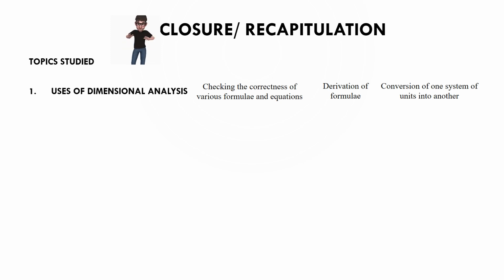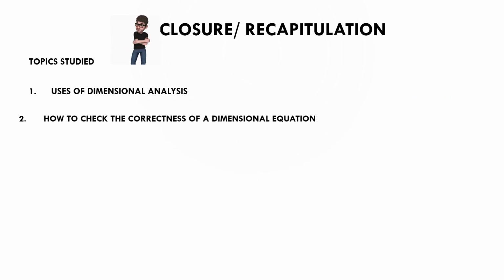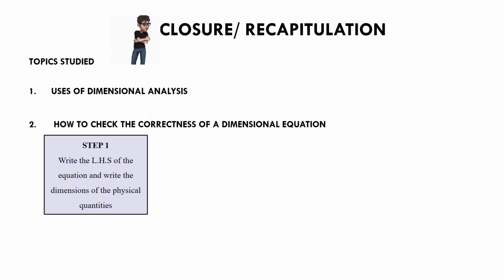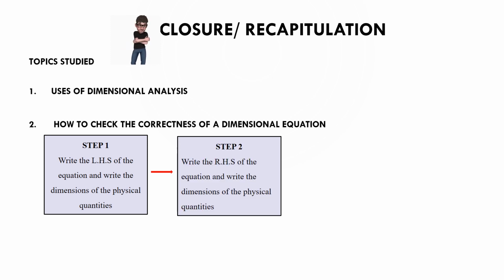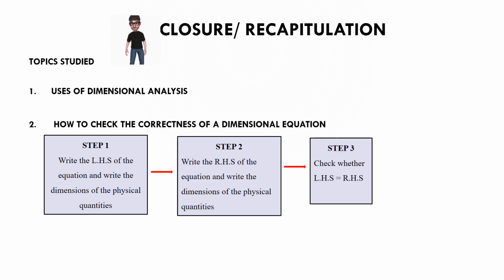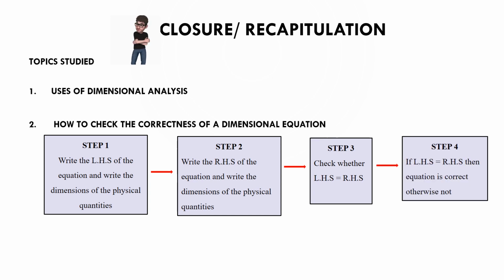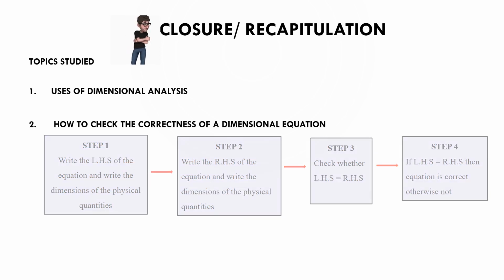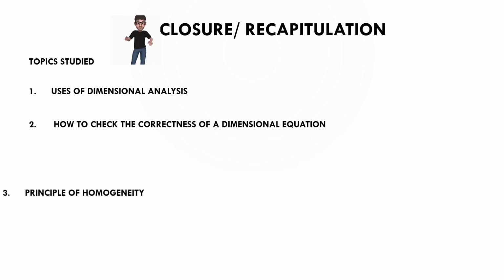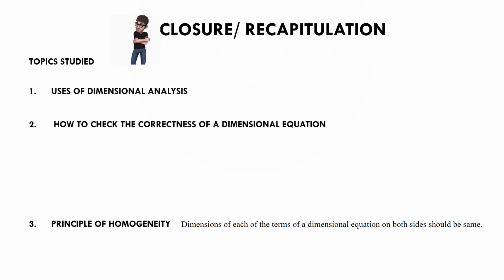Third one is conversion of one system of units into another, which also has its own video. Then how to check the correctness: Step 1, find out the LHS with the dimension, then the RHS with the dimension, check whether LHS equal to RHS. If yes, then it is correct, otherwise it's not. Then I told you about the principle of homogeneity, which is that the dimension of each of the terms of a dimensional equation on both sides should be the same.